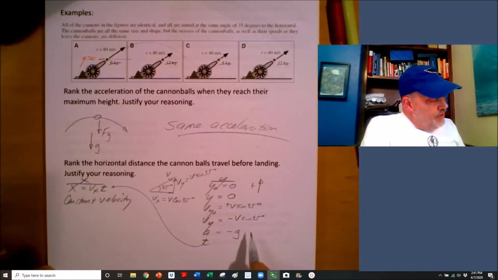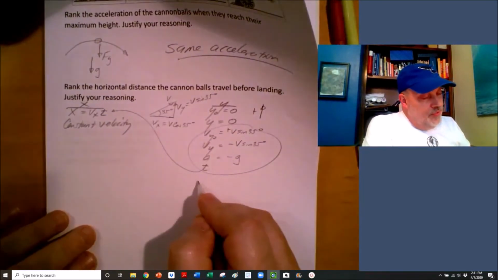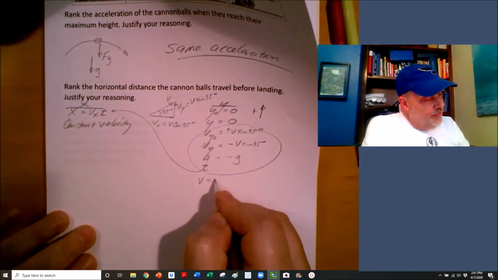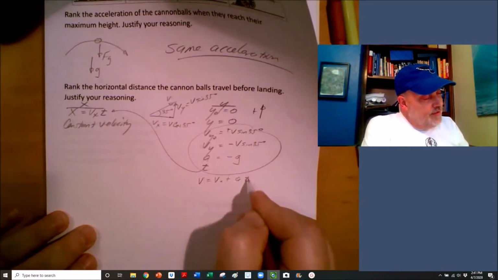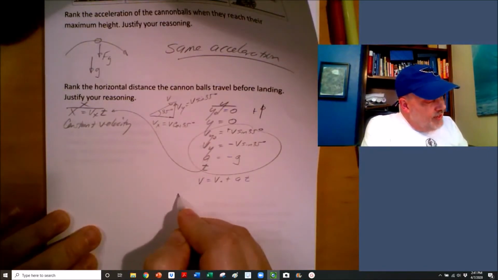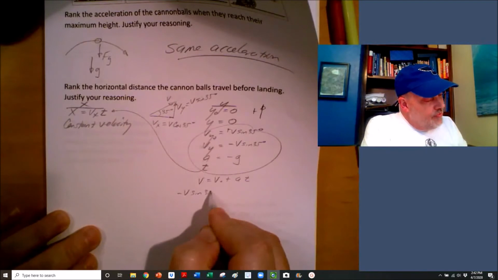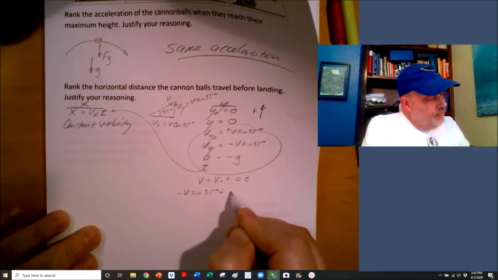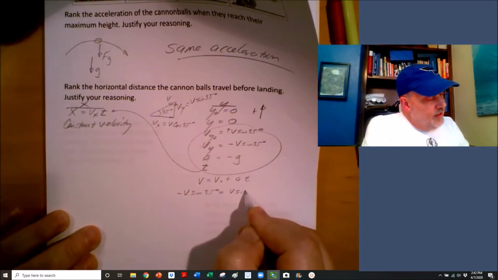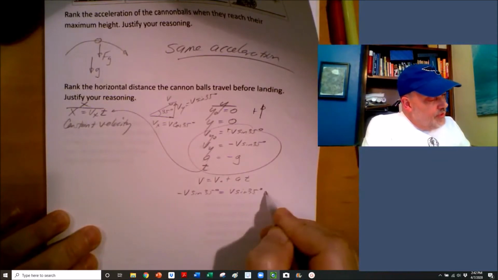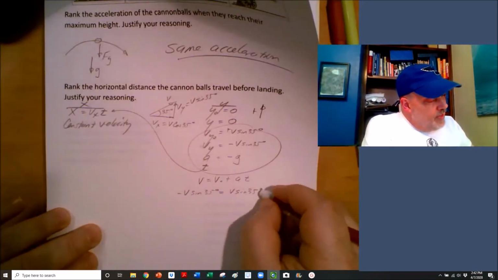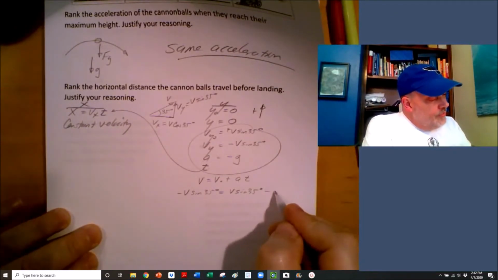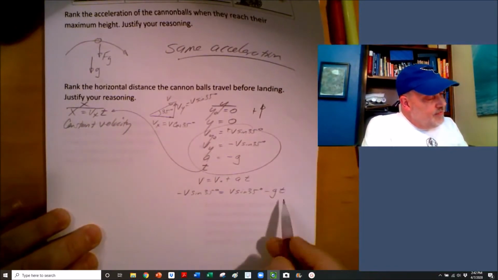How about we use these and let's use v equals v naught plus at. So our landing velocity is negative v sine of 35 degrees. Our launch velocity is v sine of 35 degrees minus gt. I'm going to solve it for t.